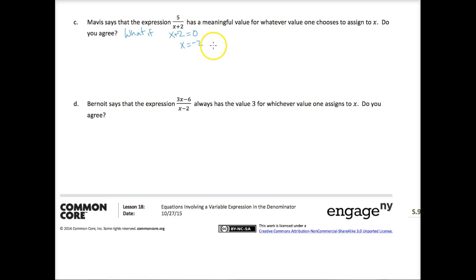So I think we need to modify her statement and say the answer is fine as long as x does not equal negative 2.